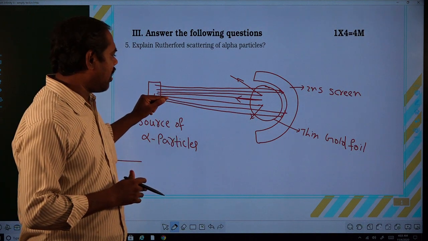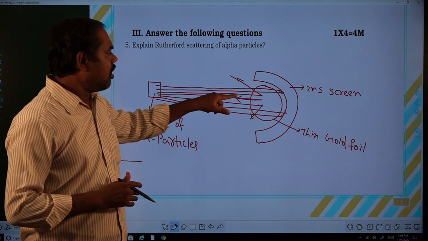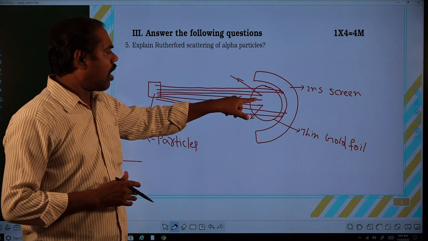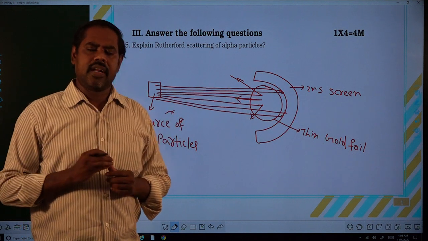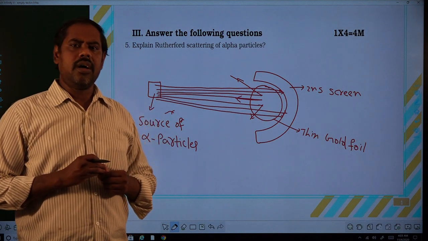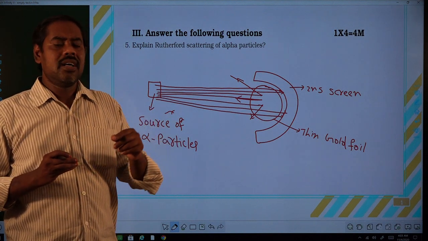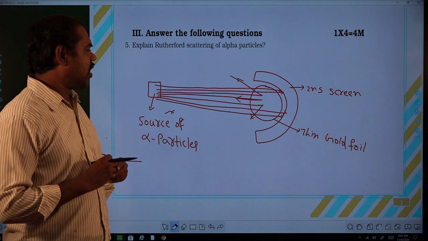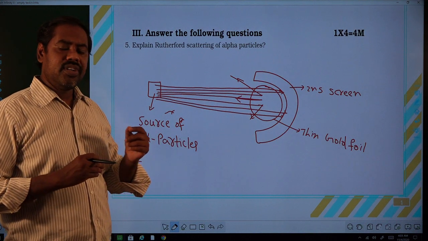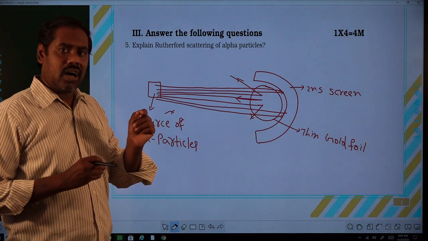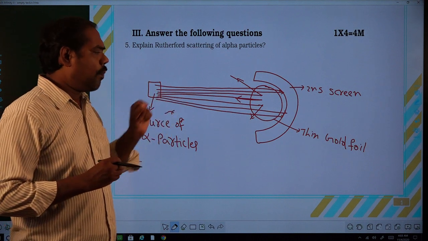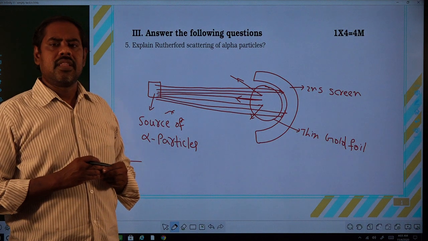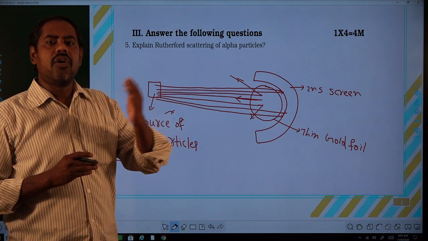The alpha particles which pass near the center of the atom are deflected. A few alpha particles which pass near the center of the atom are deflected. The alpha particle which passes exactly through the center of the atom, that means the center of the gold foil, is bounced back.